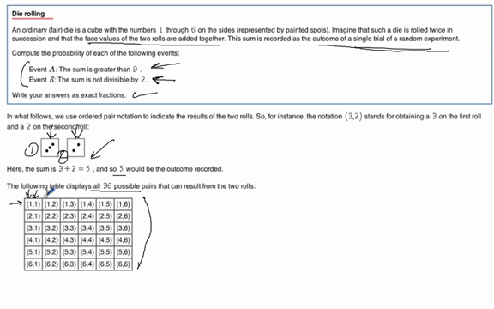You could get a 1 on the first roll and a 2 on the second roll, a 1 and a 3, a 1 and a 4, or you could get a 2 and a 1, 2, 2, etc. So it just goes on and on, right? So there's 36 different possible combinations of rolling that die 2 times in a row.